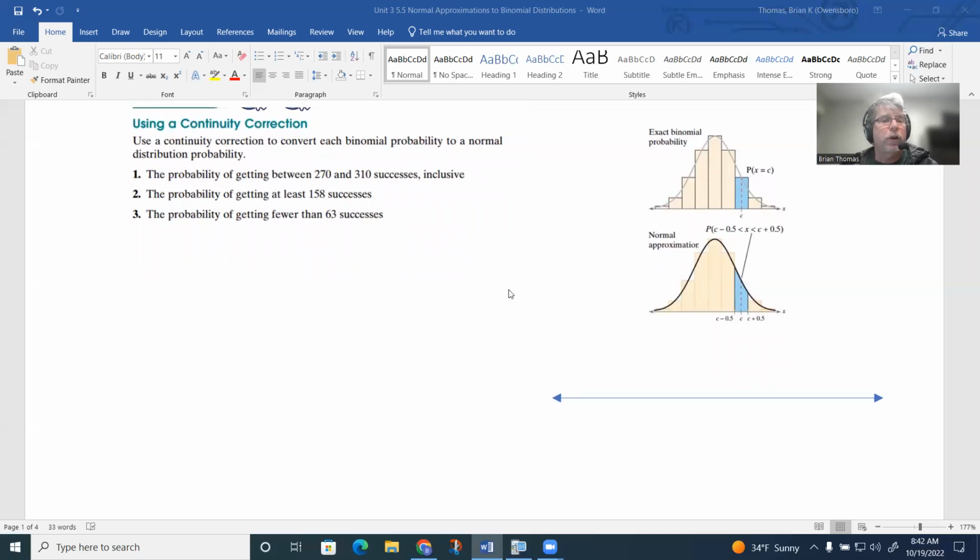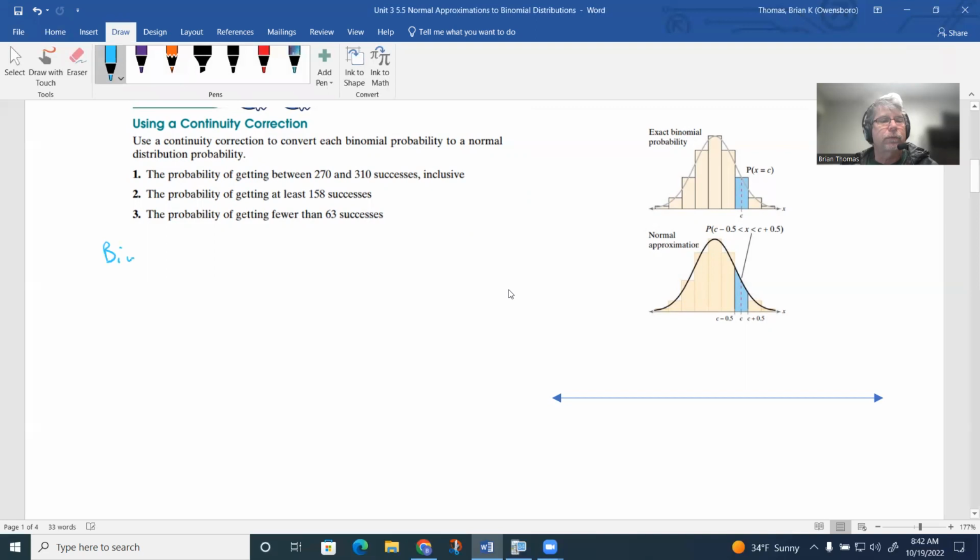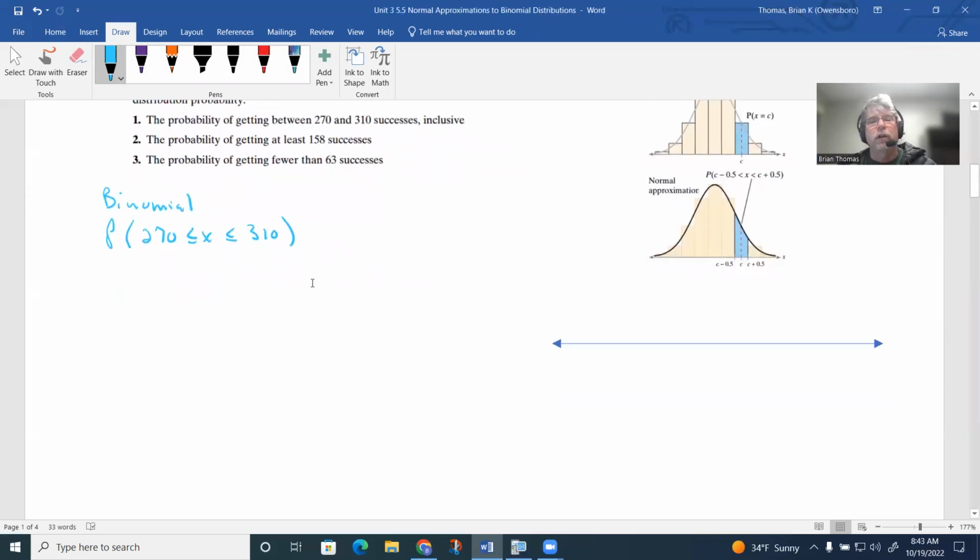So basically the binomial probability will look like this: the probability that 270 is less than or equal to x, which is less than or equal to 310. When you have a between statement, you read from the inside out. So I should read this as x is greater than or equal to 270 and x is less than or equal to 310. So it's in between those two values.